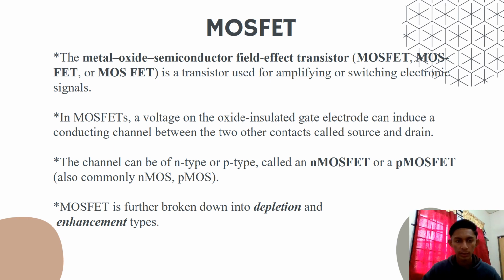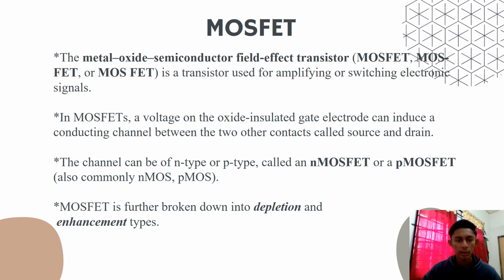In MOSFET, a voltage on the oxide insulated gate can induce a conducting channel between the two other contacts called source and drain. The channel can be of N-type or P-type, called N-MOSFET or P-MOSFET, also commonly NMOS and PMOS.